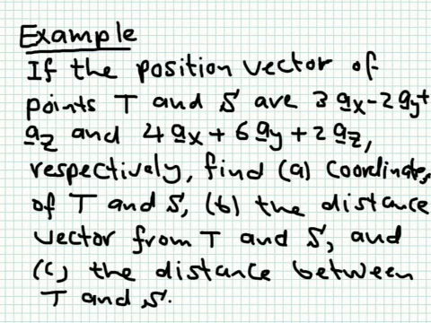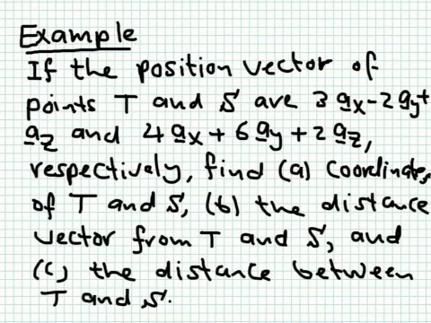So the solution will go as follows. The coordinates are already clear. They are 3, minus 2, and 1, and 4, 6, and 2. If you want to get the distance vector from T to S, this is called RTS. And as we explained earlier, you have to reverse the order. It is RS minus RT. You subtract the two position vectors.